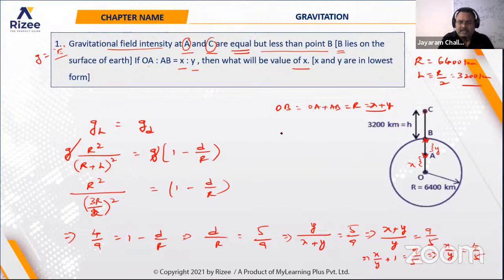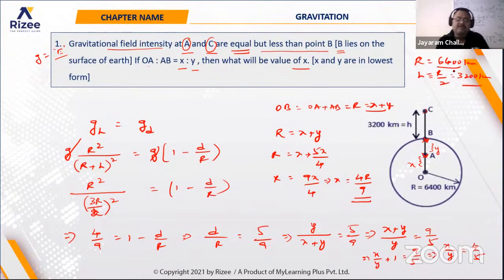Now R is equal to x plus y. You can replace the value here. You need to find out the x value. I am substituting y: from this relation, y is equal to 5x by 4. So x plus 5x by 4 is equal to R. Take the LCM: 9x by 4 is your R. From here, x is equal to 4R by 9. So go for solving. Substitute the R value, 6400 kilometers, and you can find your answer.